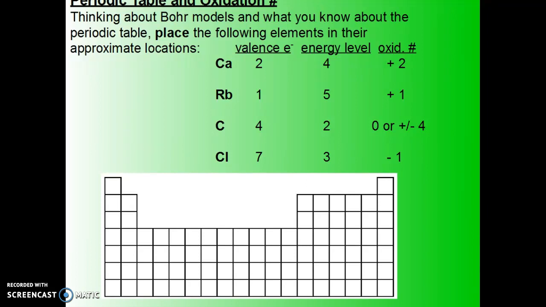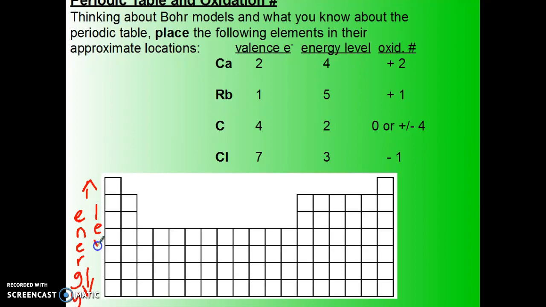Okay, so let me just preface this by telling you that in the upward direction, all of our rows, which we call periods, this is also the energy level.